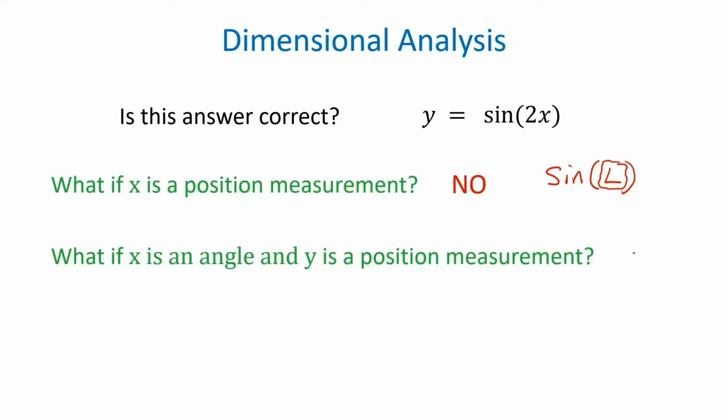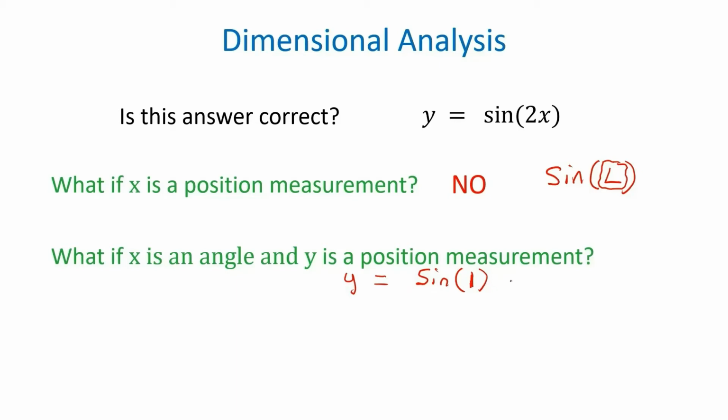Well, in that case, I have sine of no dimensions, so I can just call that maybe 1 in dimensional analysis because there's no dimension. So the trig function isn't giving me any problems. Angle works just fine inside a sine function. The issue, though, is y is equal to that.